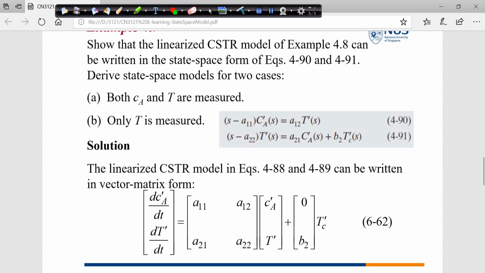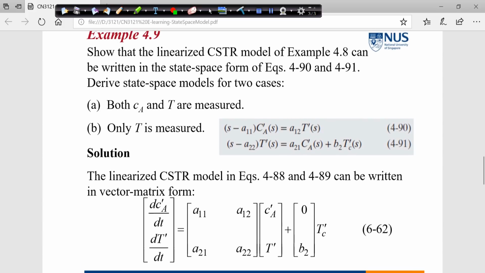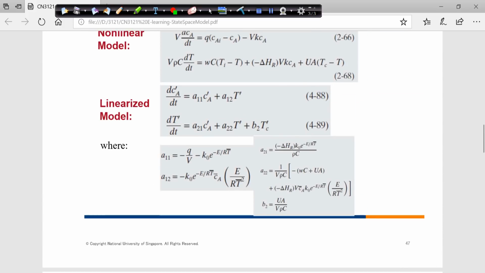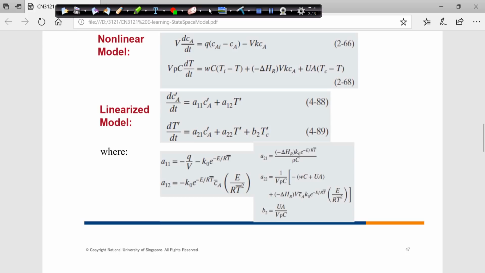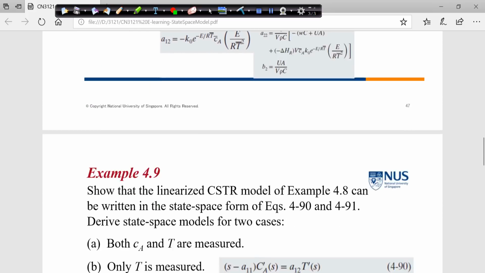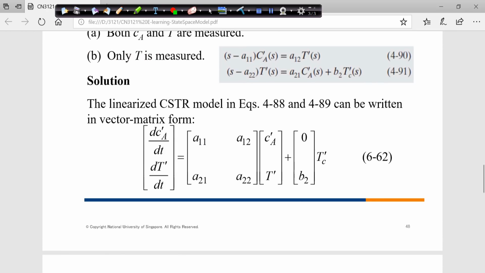Okay, so the linearized CSTR model we have previously shown can be written in this vector matrix form. This is the chapter 6 example. If we compare this format to this one, we just write in different equations or matrix, just combine these two terms together and use a matrix of all the coefficients grouped together to describe the process.